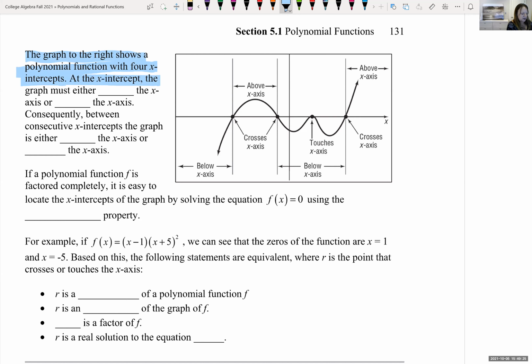At the x-intercept, the graph must either cross the x-axis or touch the x-axis. Consequently, between consecutive x-intercepts, the graph is either above the x-axis or below the x-axis.